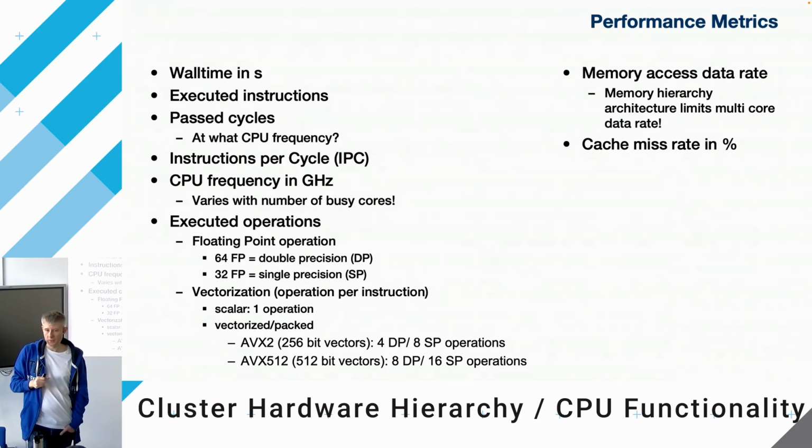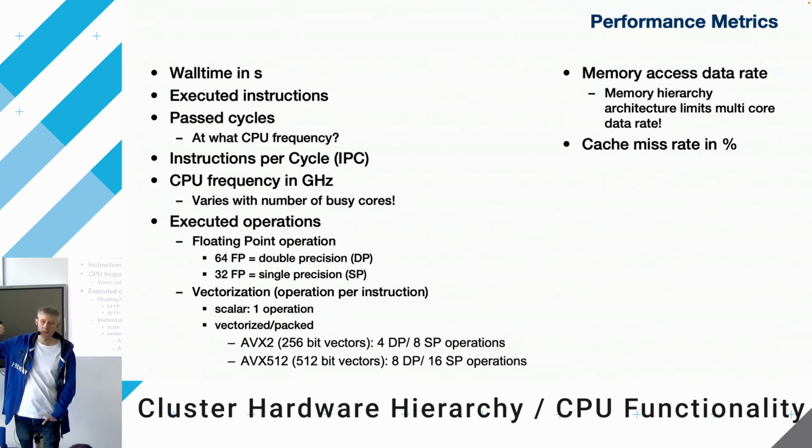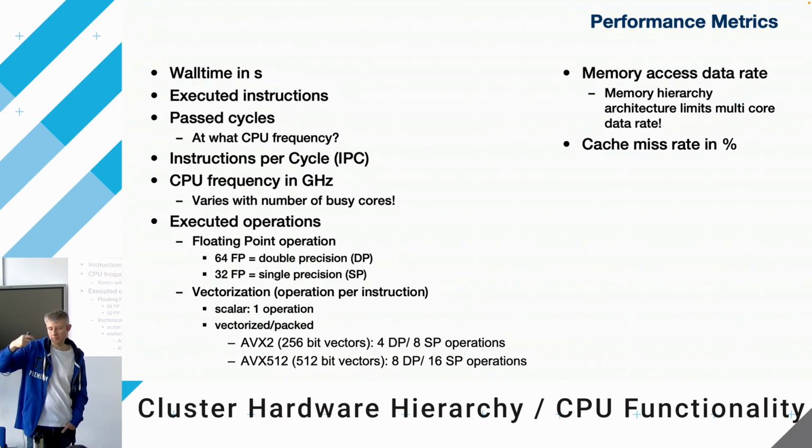These are metrics that one can look at and then see, for example, if we have a very low memory access data rate, we load only a few data values and then work a lot on these data values, then this is a different behavior of a program than if it needs a lot of memory. Then maybe we need to think about different ways to improve the performance of this program, because there's a different bottleneck in our program.